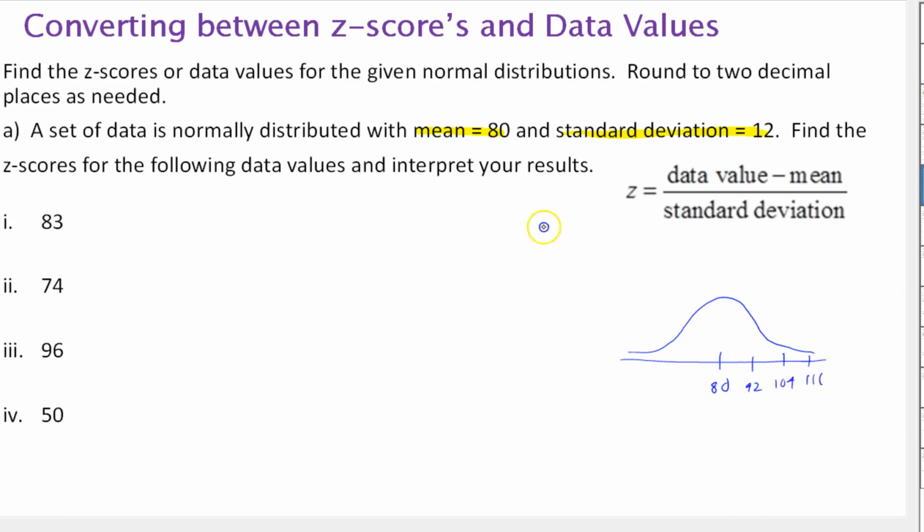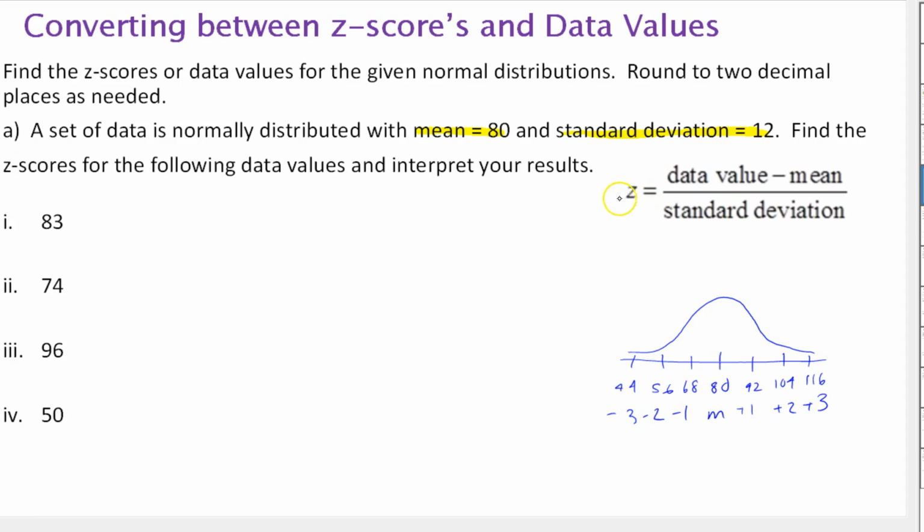If we went 3 standard deviations to the left, it would be 68, minus 12 is 56, and minus 12 is 44. So this is the mean, plus 1, plus 2, plus 3, minus 1, minus 2, minus 3.